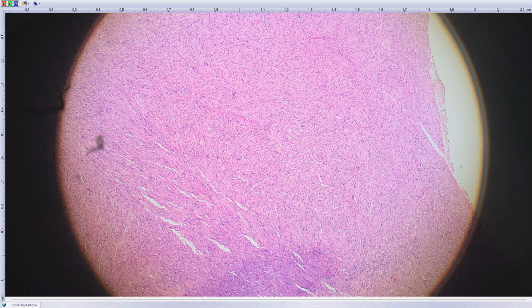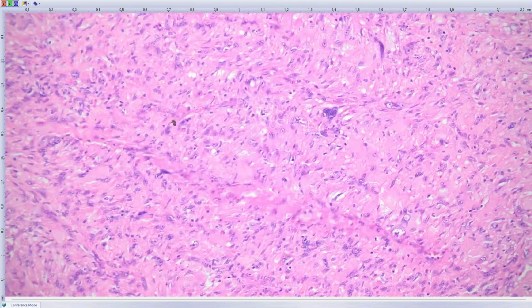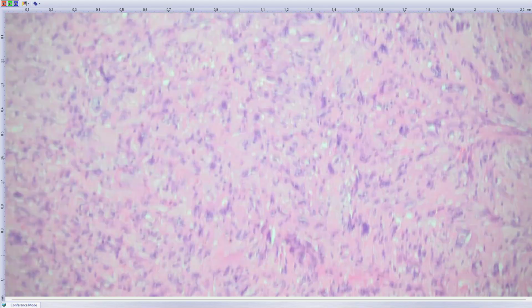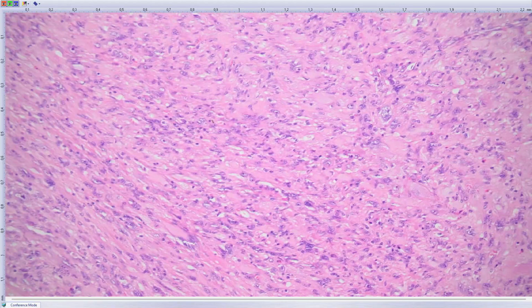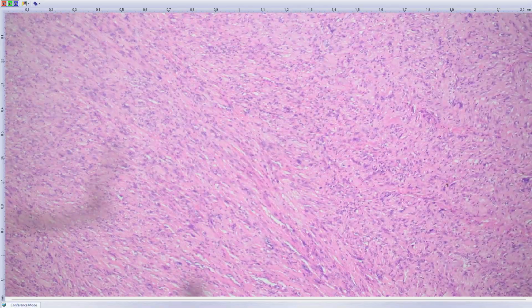Very, very cellular, quite pleomorphic. Here in this case, composed more of epithelioid cells, and this is another example of the same tumor. This is just a case with perfect morphology. This is a textbook example.